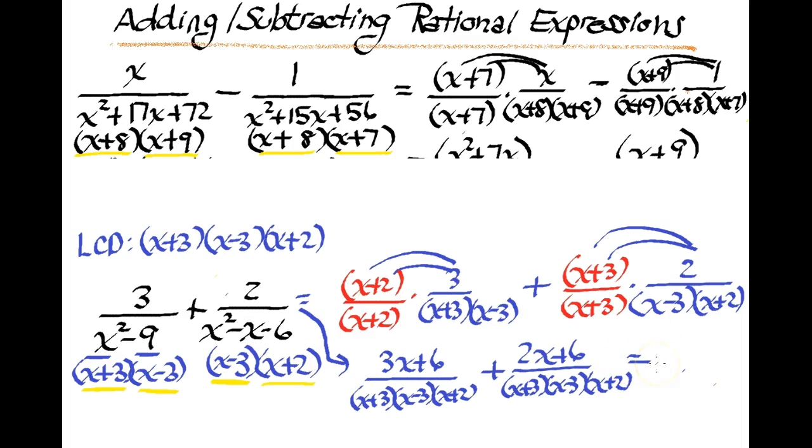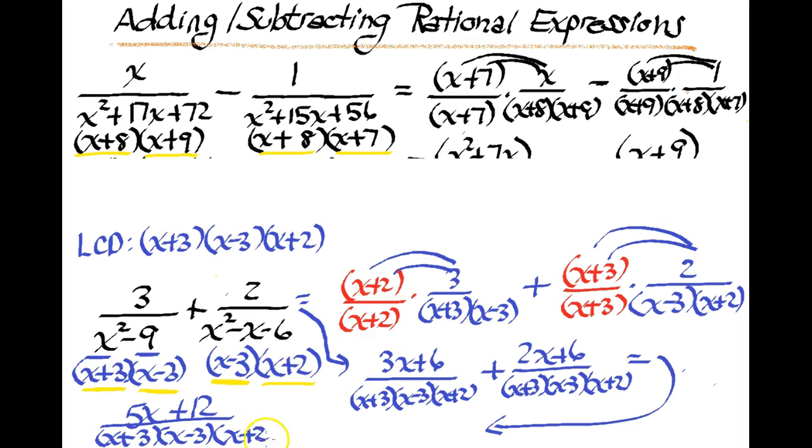Okay, so let's see what happens. We need to combine our final terms. So we end up with a 5x plus 12, which is prime, it does not factor, over x plus 3, x minus 3, x plus 2. Okay, so our final answer is 5x plus 12 over the LCD.